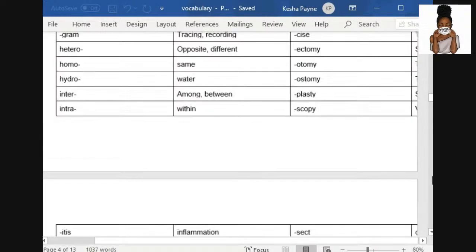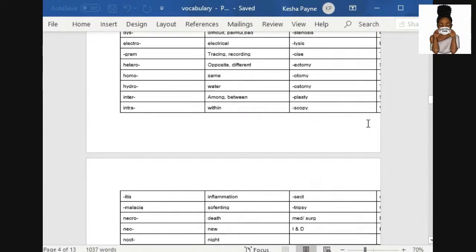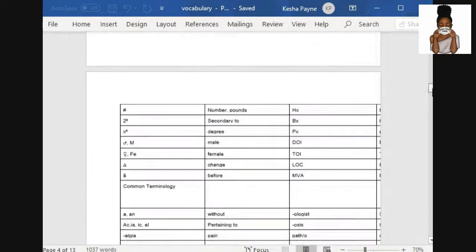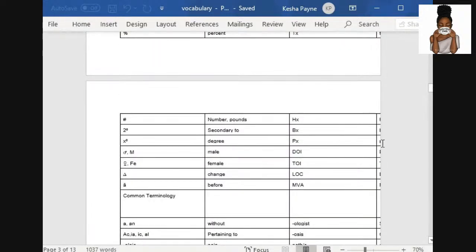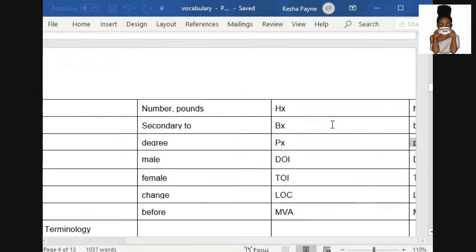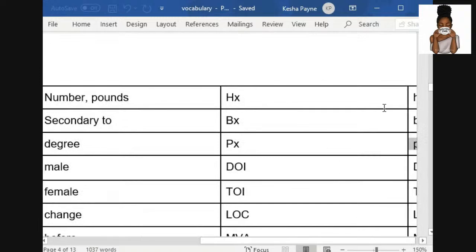I don't know why that part is cut off right there. Oh, I can't see that part. What is PX, you guys? Somebody out there help me out. Why can't I see it? Hold on, let me go look at the chat.